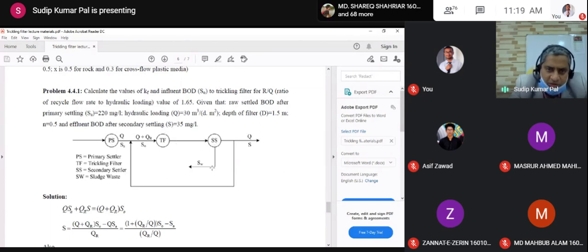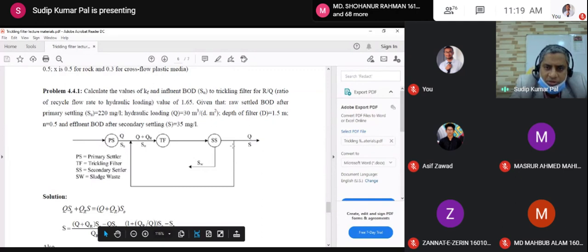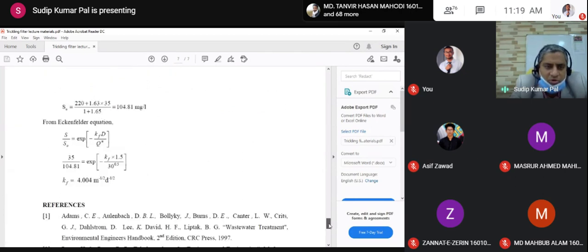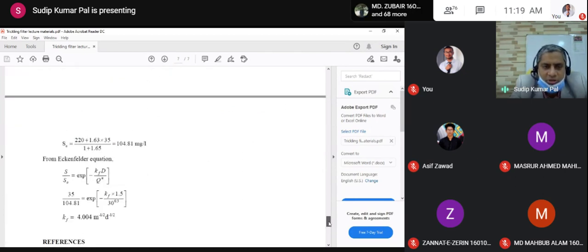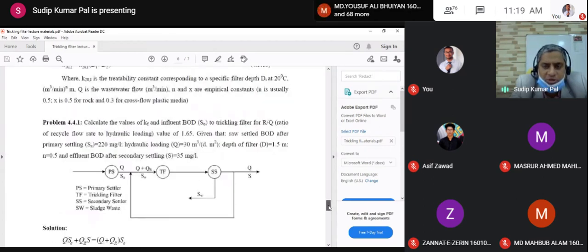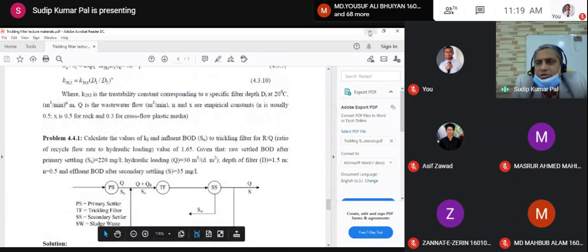After the secondary, some water will go as waste, and some water can be recycled here, return sludge. You see there is some sludge returned back here. It's a flow diagram, and you have to calculate the values of KF or influent BOD, whatever you can see from here. And there is a solution also available in this case. This is the Eckenfelder equation, but you can solve this by the NRC equation.